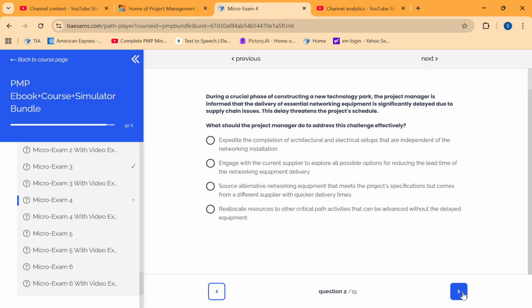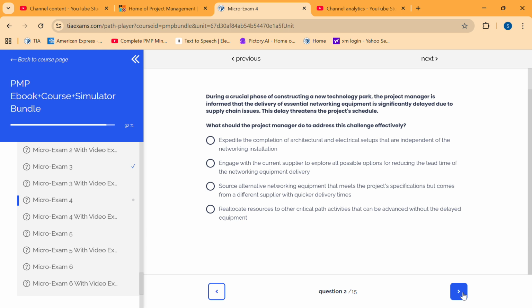Source alternative networking equipment that meets the project specification but comes from a different supplier with quicker delivery time. Reallocate the resources to other critical path that can be advanced without the delayed equipment. I think the second and third, they both are good options.